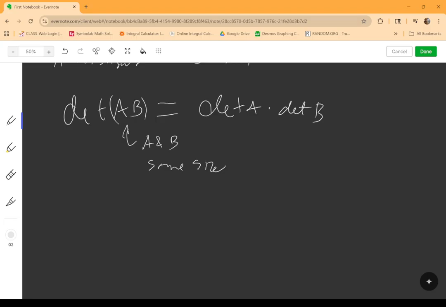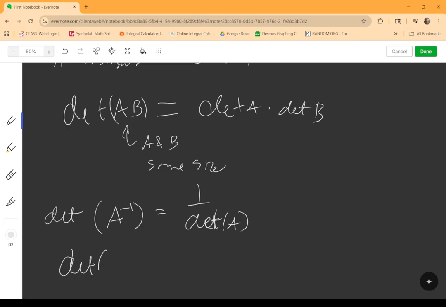Now a couple of applications for the determinants. The determinant of the inverse of a matrix is equal to 1 over the determinant of A. And the determinant of A to the k power, since it respects multiplication, derives from that, and is the determinant of A raised to the kth power.